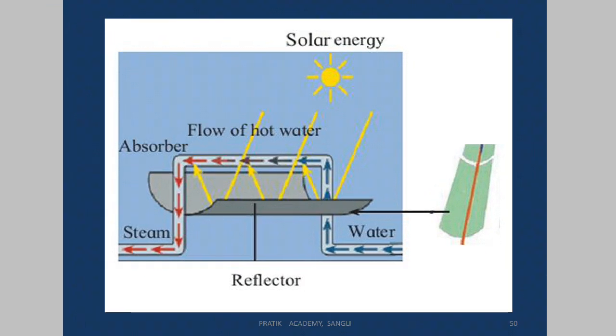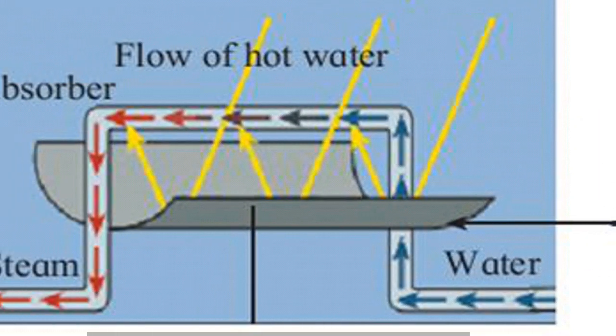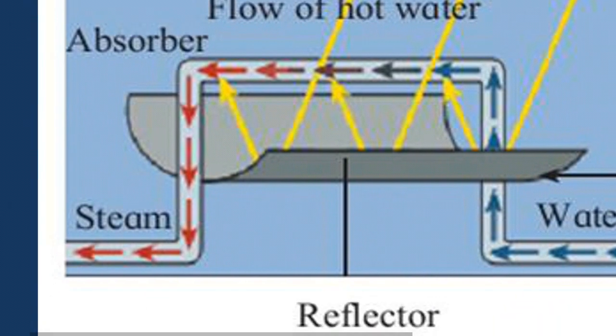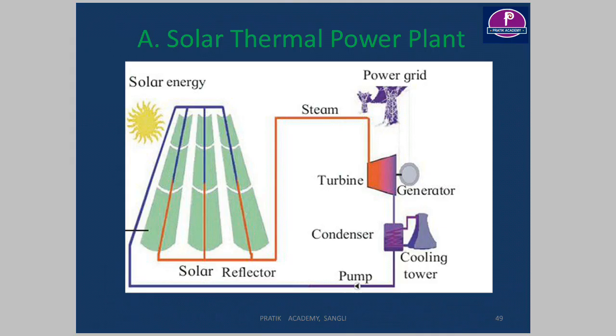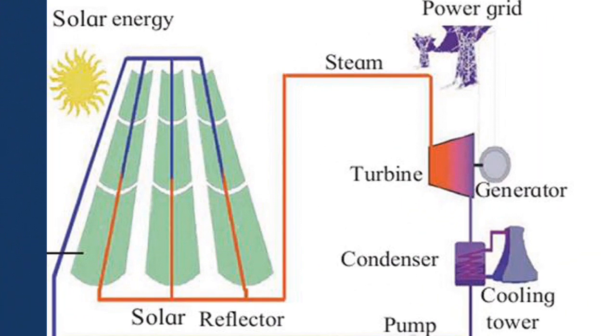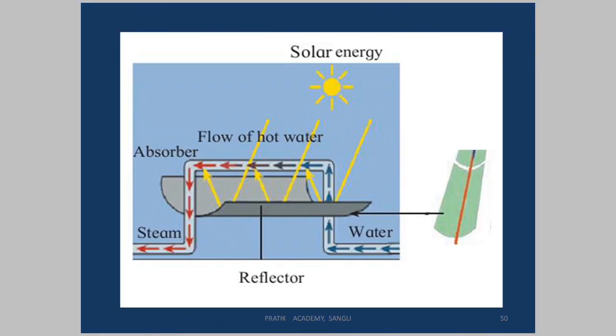Here blue color indicates water or liquid, which is converted to steam at the outlet, and this steam is passed to the turbine. So here in detail you can understand the working.